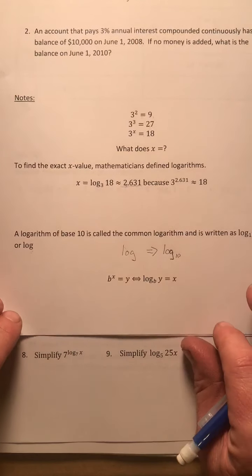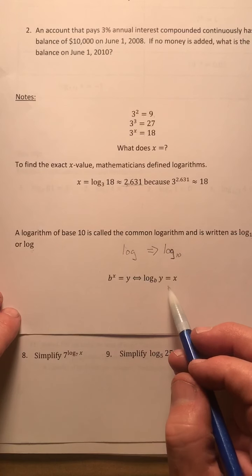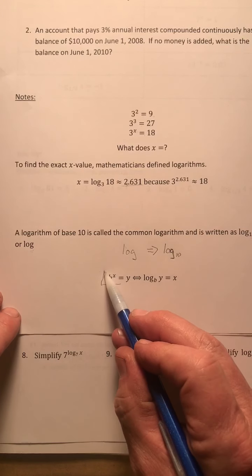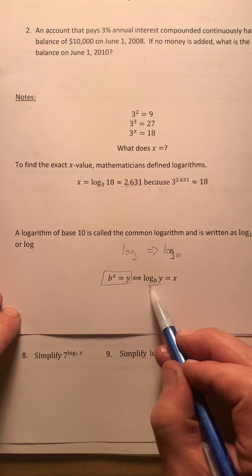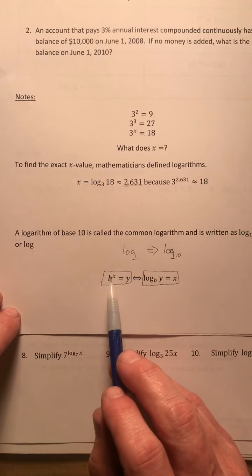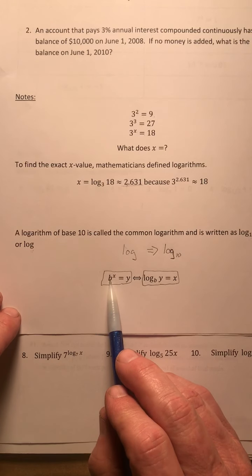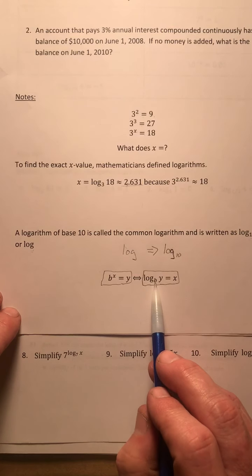So what are the things that you're going to have to be able to do? You're going to have to be able to rewrite these in different forms. So this is what it would look like in exponential form, and this is what the same thing would look like in log form. Notice the base for the exponent is b. That b is also the base for the log.